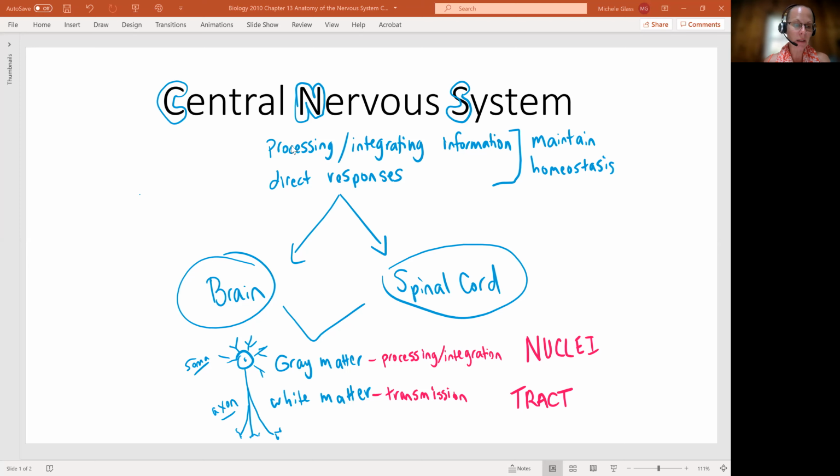And when we talk about the brain, remember, we talked about basically 4 key structures. So we talked about the cerebrum, we talked about the diencephalon, we talked about the brain stem, and then we talked about the cerebellum.